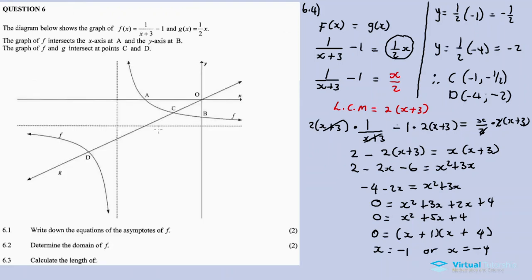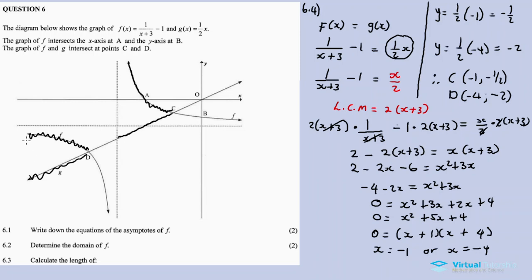Let's go back to the equation. Now, which parts of the sketch have f above and g below? Here we see that if you look here, this part of f is above and g is below, and then f is above, g is below here, you see?